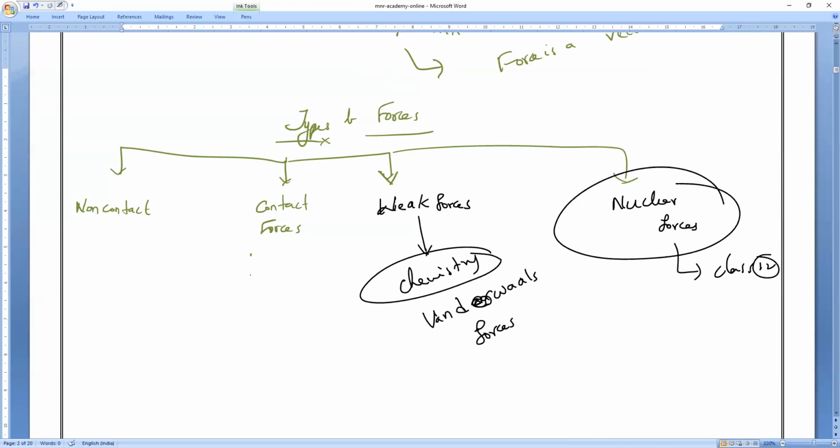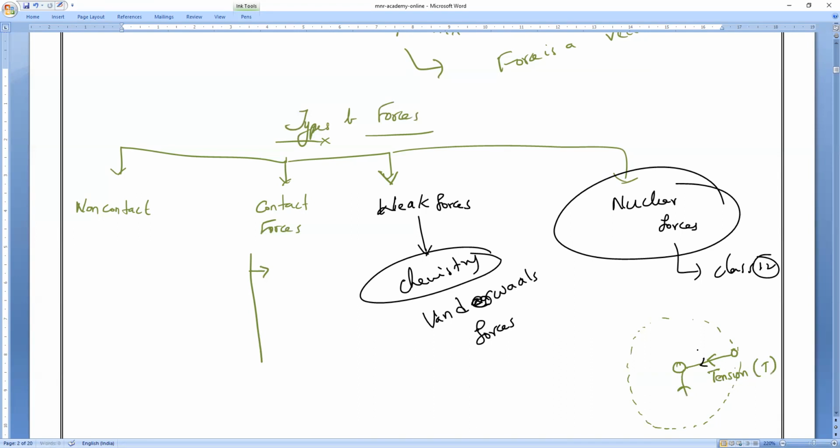Now, contact forces. Yesterday also I taught you, if a boy is revolving a stone in a particular path, something is acting in the string. What is that called? The force exerted by the string, we used to call it tension. Do you all remember, everybody?